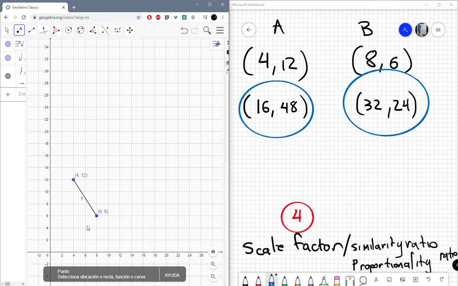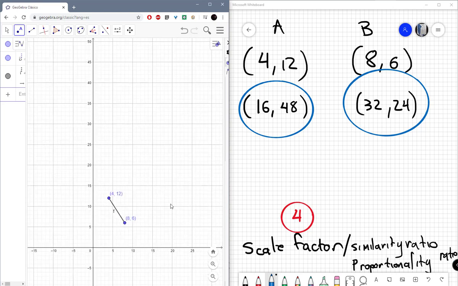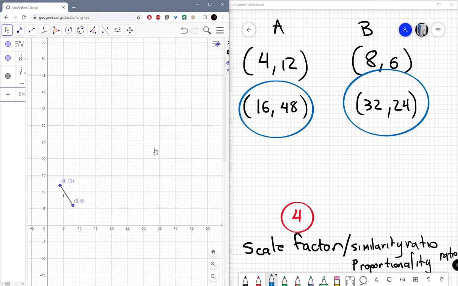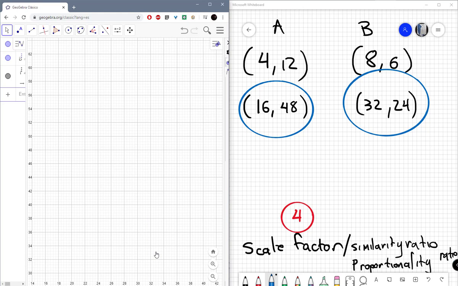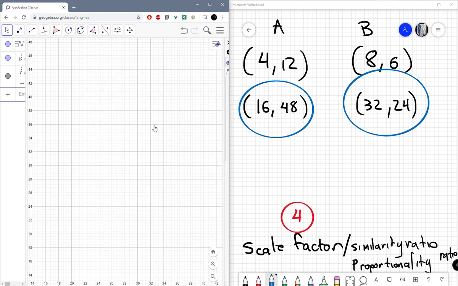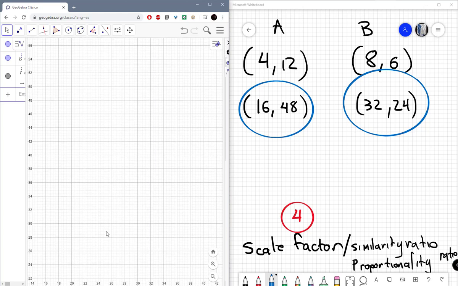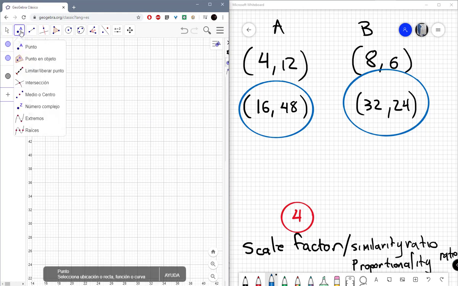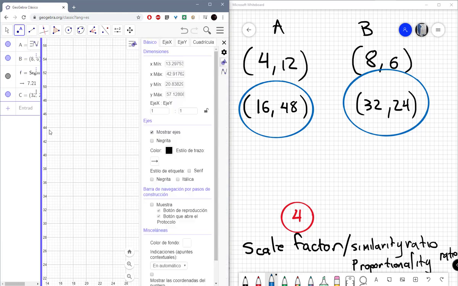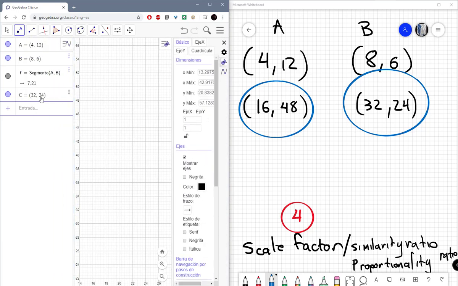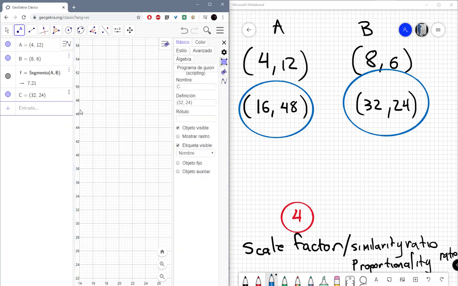For example, 32, 24. It's going to be here. Let me select the tool. 32, 24. And as you can see here in this window, those are the coordinates.